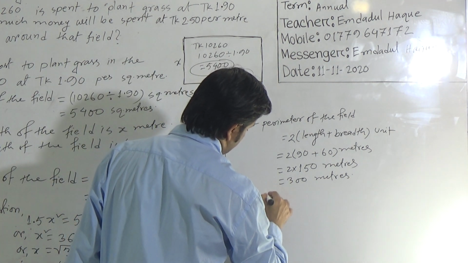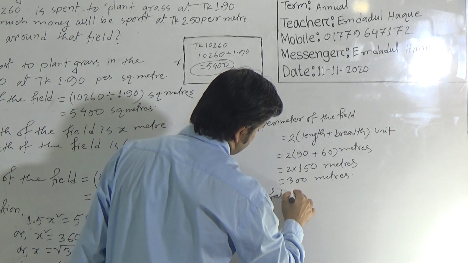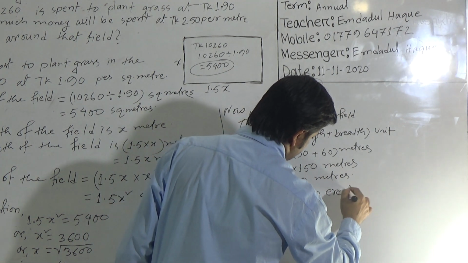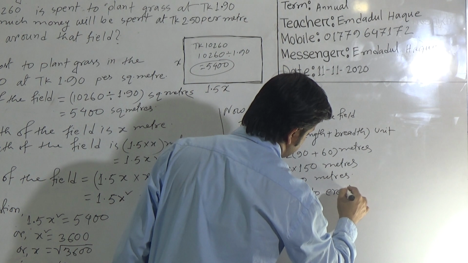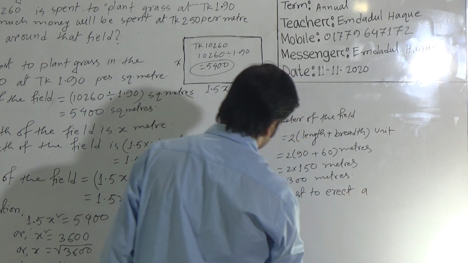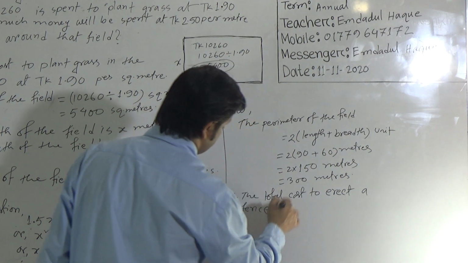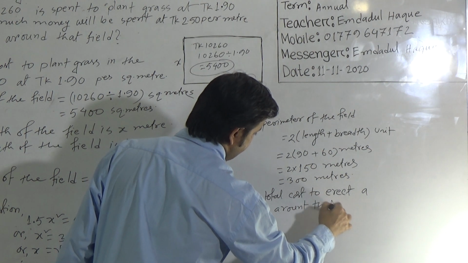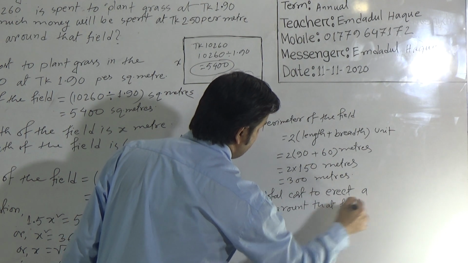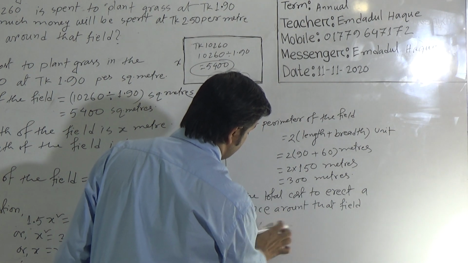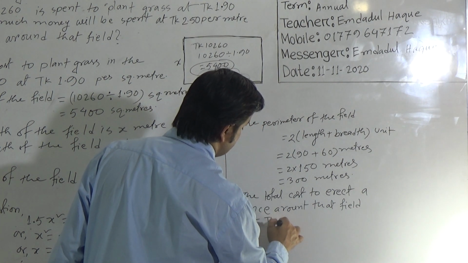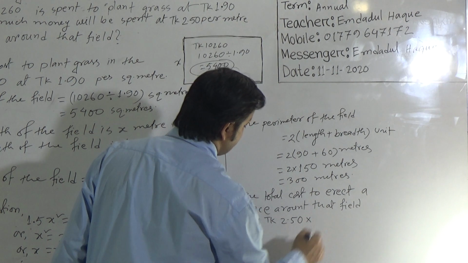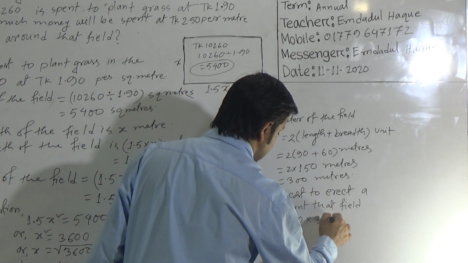Therefore, the total cost to erect a fence around that field is, or we can directly write here Taka 2.50 multiplied by 300.